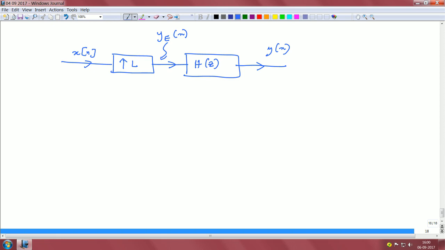Again it is common sense, because if you had a filter first and then you upsample, you are just putting some zeros, you are filtering, you are doing some operation, and then you are inserting zeros in the time domain, and what do you want that for?